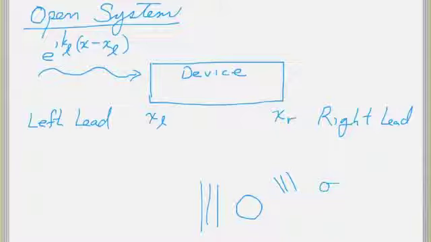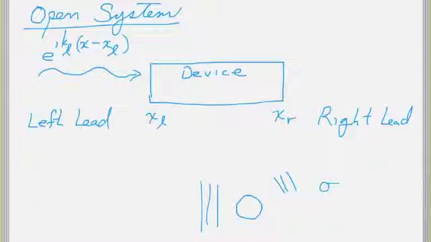And so out in the leads are considered ideal regions where, let's say, it's all the same crystal. So this is a region of the crystal where there's no macroscopic electric field. It's just your ideal crystal, the periodic potential of your ideal crystal in the leads.